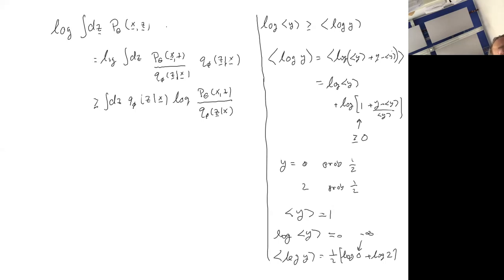So now what you can do is basically you choose q phi. What people do is choose q phi to be easy enough, sometimes to compute the integral or do gradient descent.